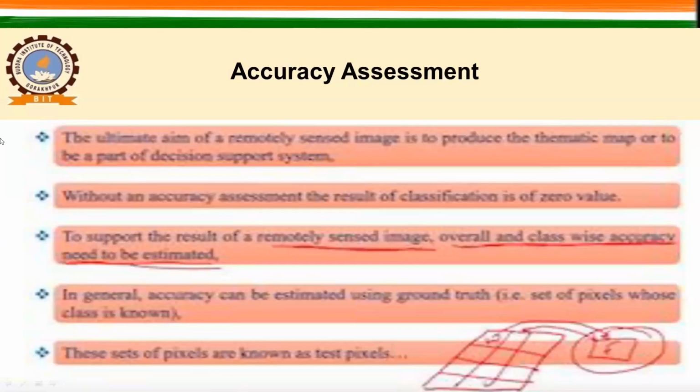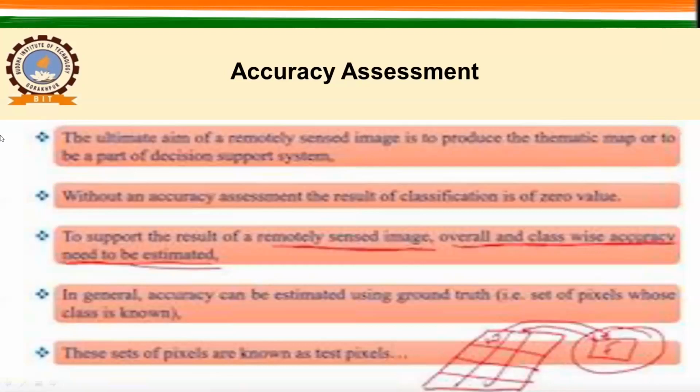Because if I show you the classified image, but I didn't mention what the classification accuracy was, then the classification result is of no use, because nobody will accept it without any accuracy. So you need to support the results of a remotely sensed image: overall and class-wise accuracy need to be estimated. So let's take an example.